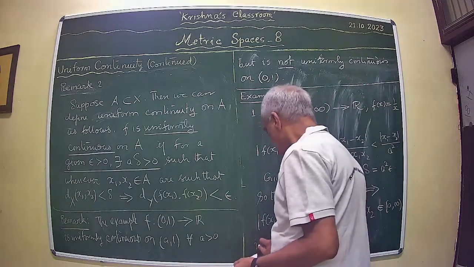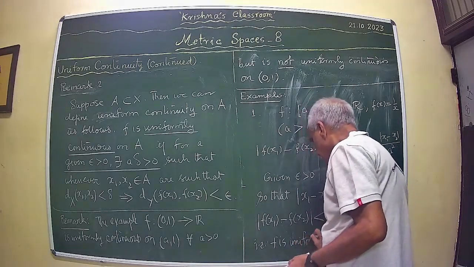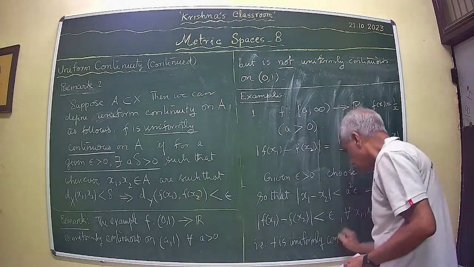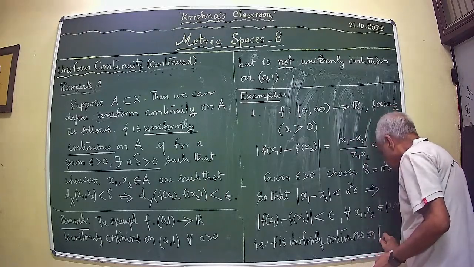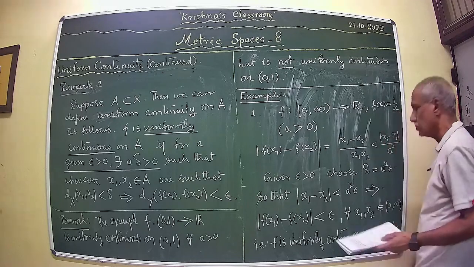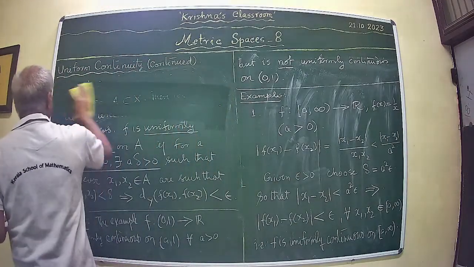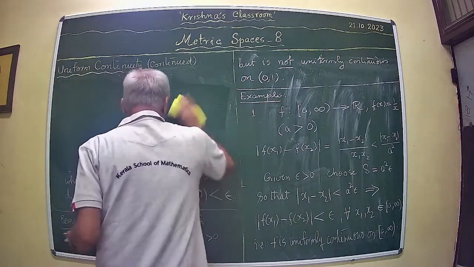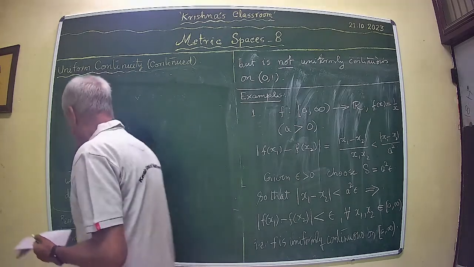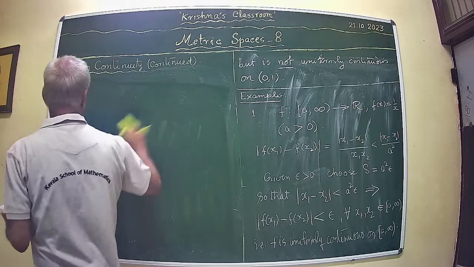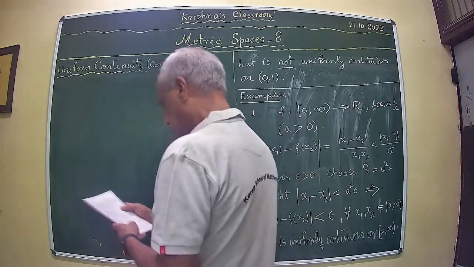Therefore f is uniformly continuous on A to infinity.